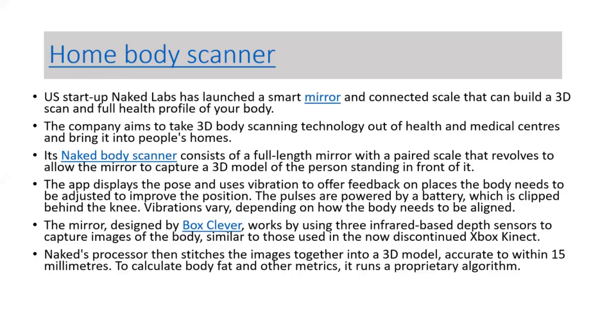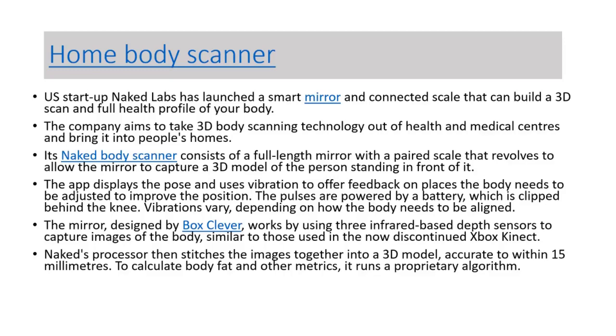The mirror, designed by Boxclever company, works by using 3 infrared-based depth sensors to capture images of the body, similar to those used in the now discontinued Xbox Kinect. The Naked processor then stitches the images together into a 3D model, accurate to within 15 millimeters. To calculate body fat and other metrics, it runs a proprietary algorithm.